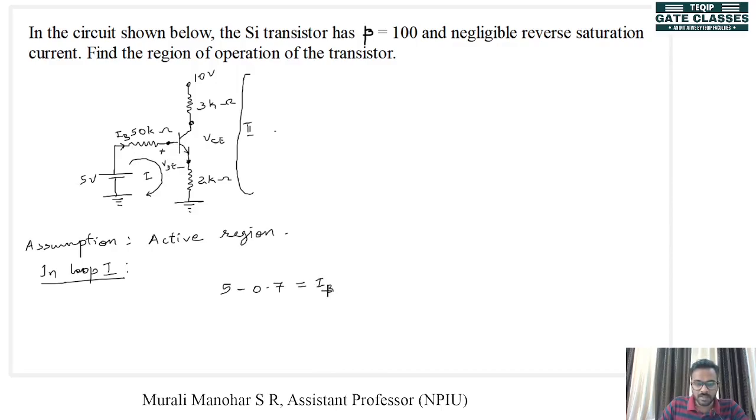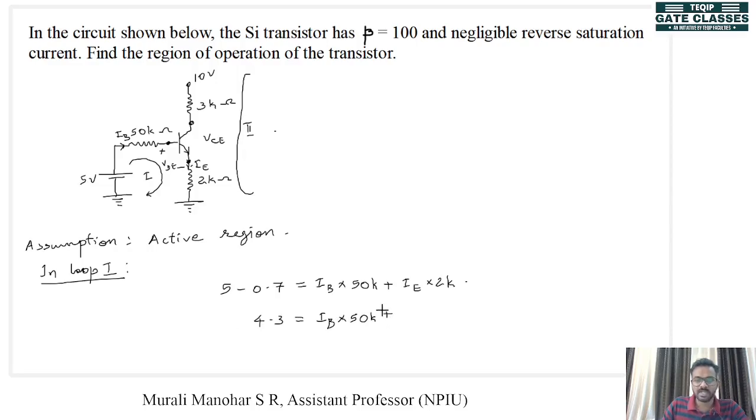That is IB into 50K plus, what is the current here? This current is IE. So IE into 2K.